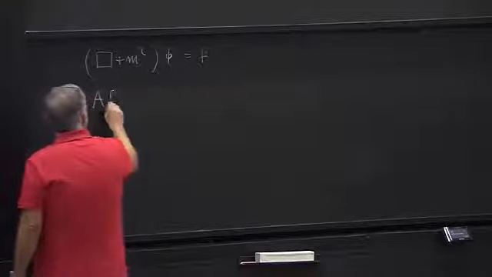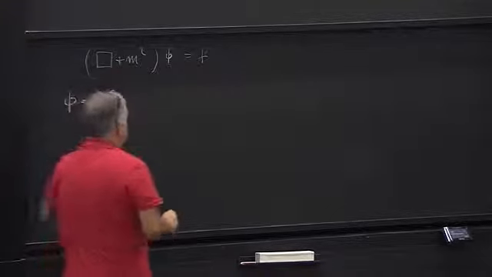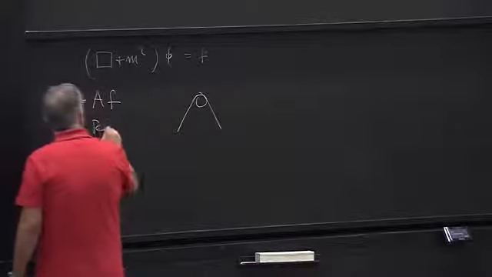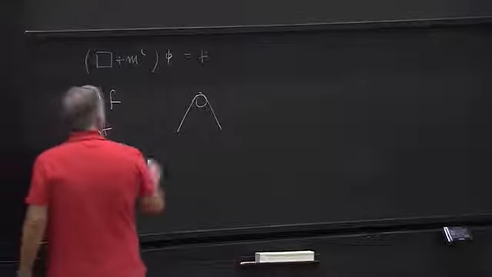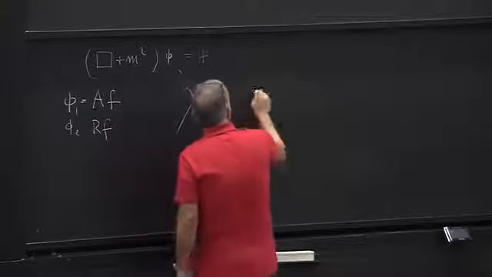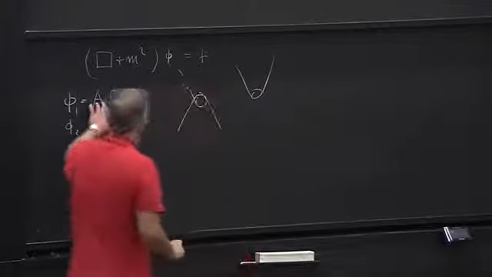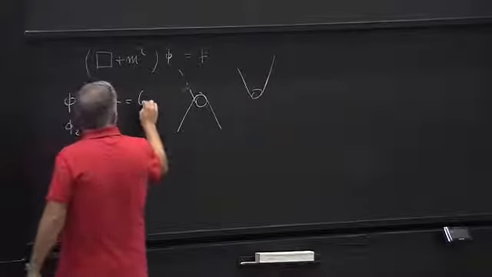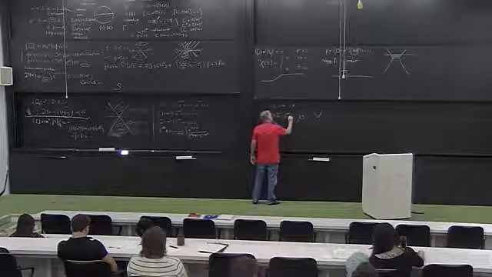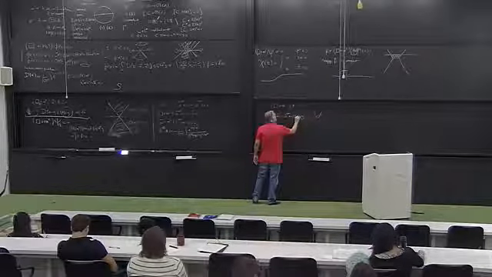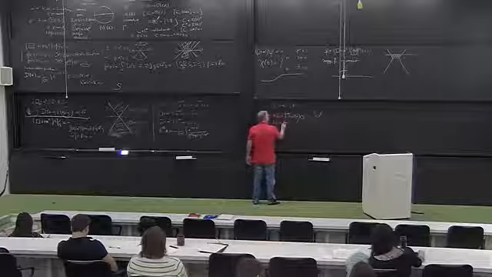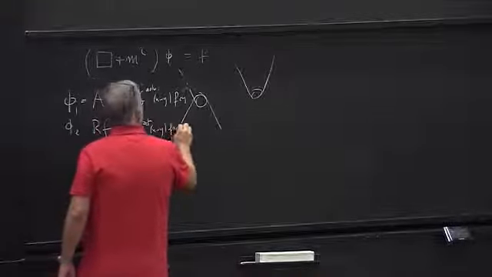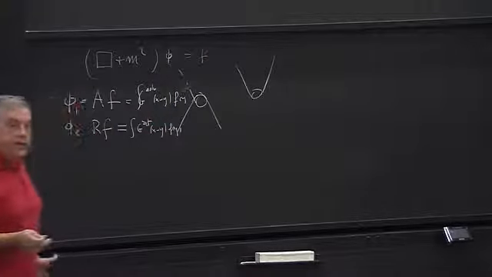AF is the solution of this equation, which has support here, and RF is the solution of this equation, which has support here. AF is the convolution of G advanced, and RF is the convolution of G retarded with the source. Is it clear?